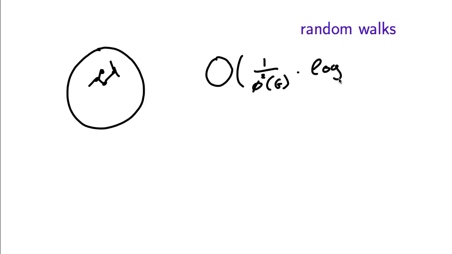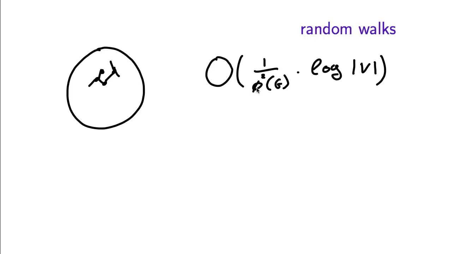From results in spectral graph theory that we will talk about next week, and from some connection between spectral graph theory and random walks, it's possible to prove that in general, if one starts from an arbitrary vertex and then takes a random walk in a regular graph, then it only takes at most order of 1 over the square of the expansion of the graph times log of the number of vertices steps, until one reaches a point where the distribution of the current location of the random walk is uniformly distributed among the vertices.